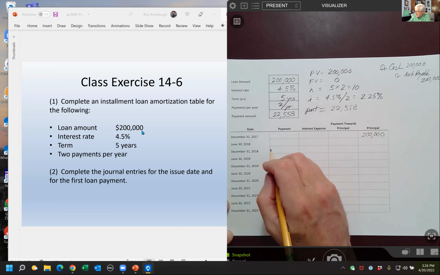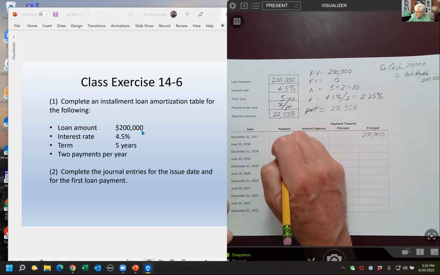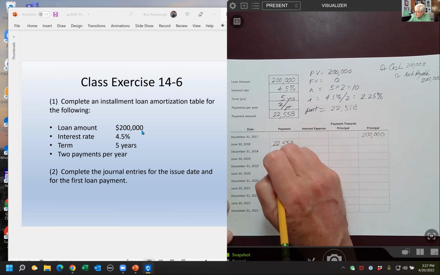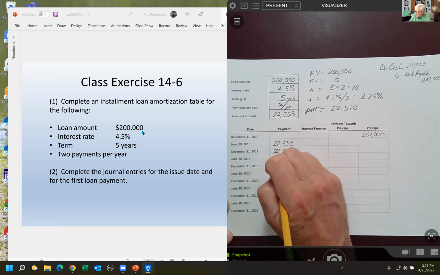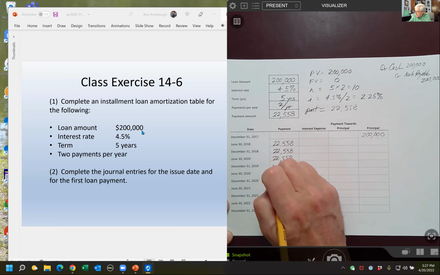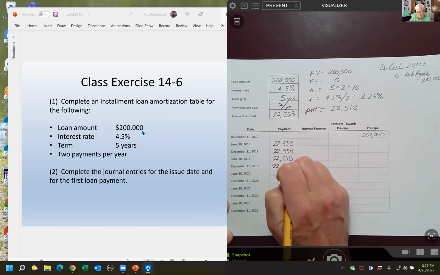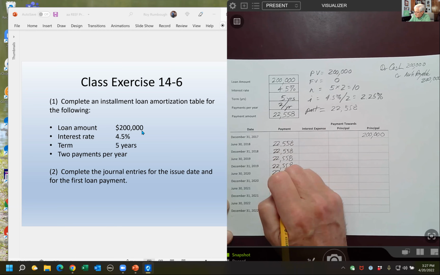Now, the payment is going to be the same, like last time. The payments are going to be the same every time.